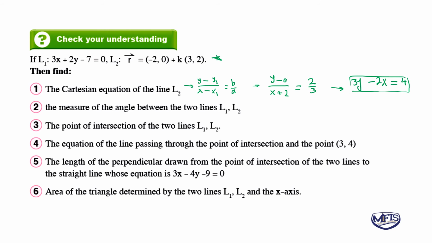The measure of the angle between the two lines L1 and L2. Okay, we can deduce it from the slope of the first straight line and the second straight line. In number 2, we can find m1 and m2. So we have m1 will be negative 3 over 2, and m2 will be 2 over 3.